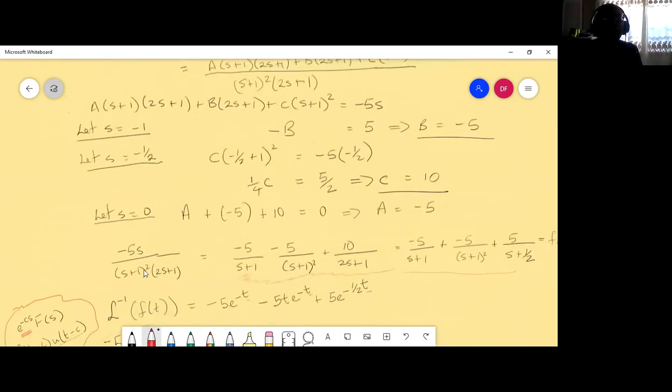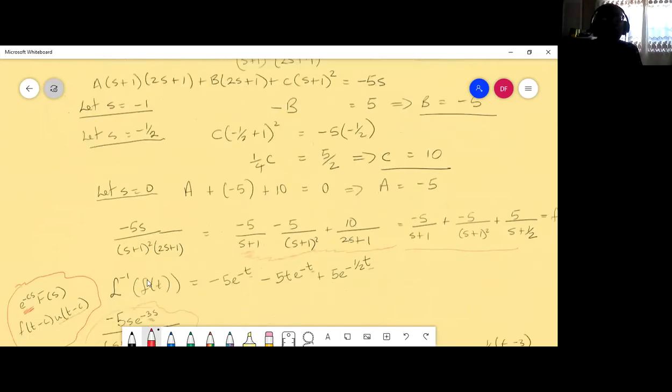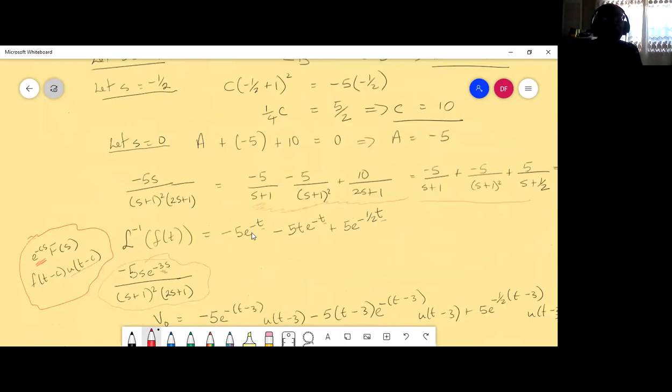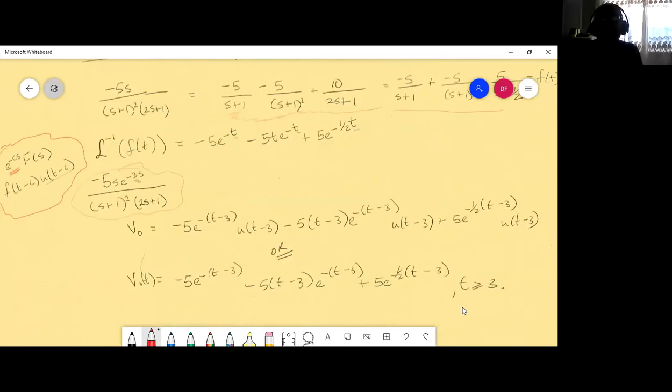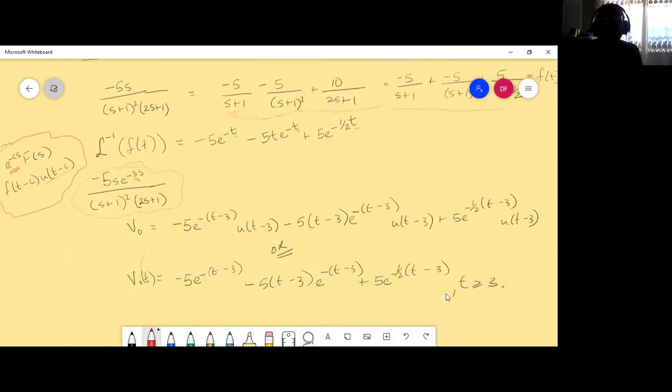So we work out the Laplace transform of the function, and then because we have an e to the minus 3s, everywhere we see t, we have to put t minus 3. And we have to bear in mind that after we put the t minus 3, the function starts at 3. So this u of t minus 3 is basically saying t greater than or equal to 3. You must start at 3.